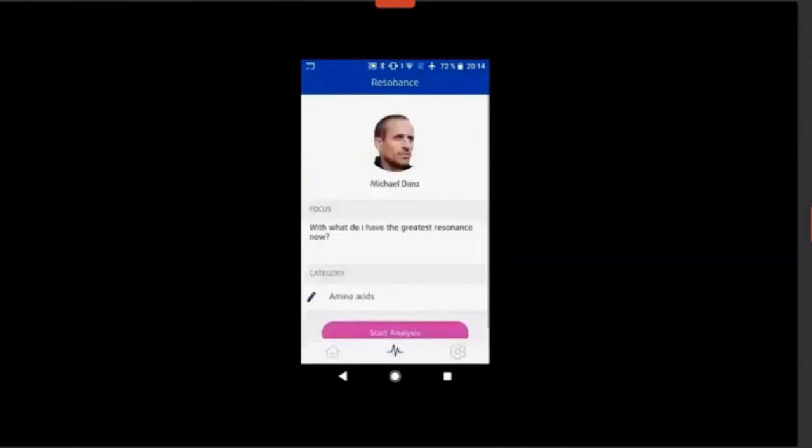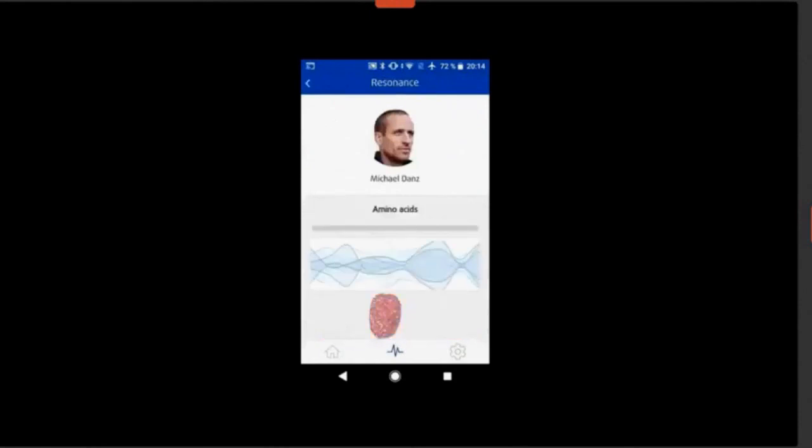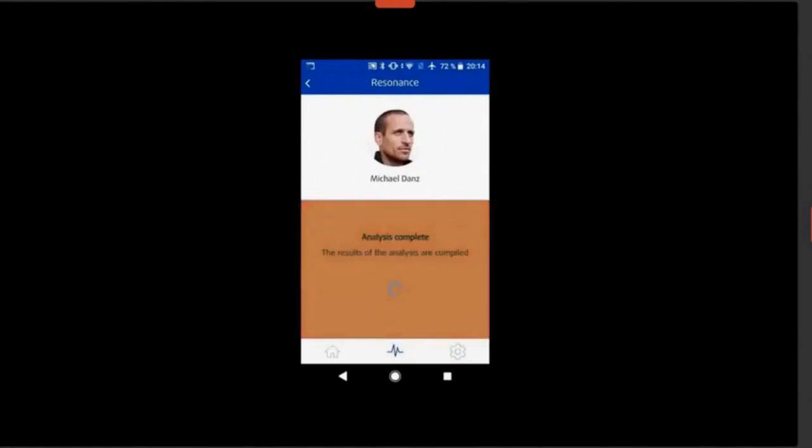So again, I'm choosing the vital substances, and then I'm starting the analysis. I put my finger on, and now I can say, okay, what do I need? Maybe related to my sore throat or to the maybe upcoming cold I might manifest. I might want to also see what I need as a vital supplement?